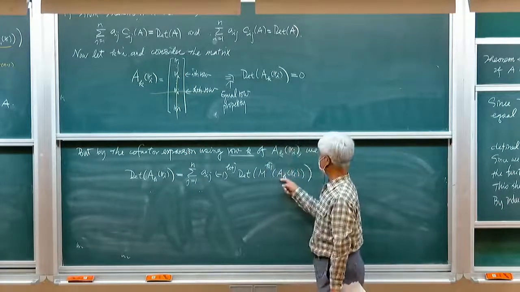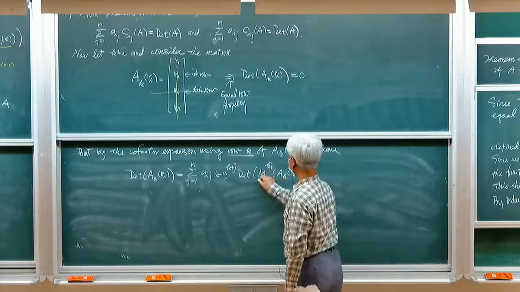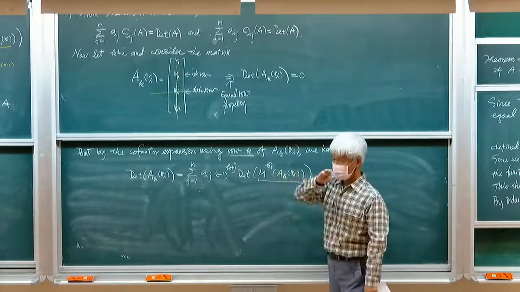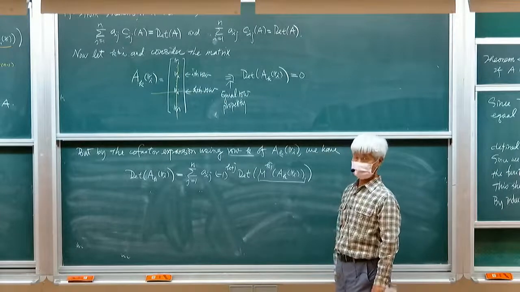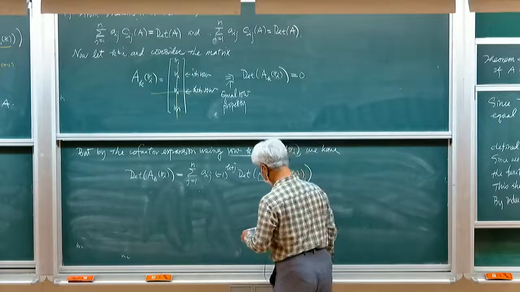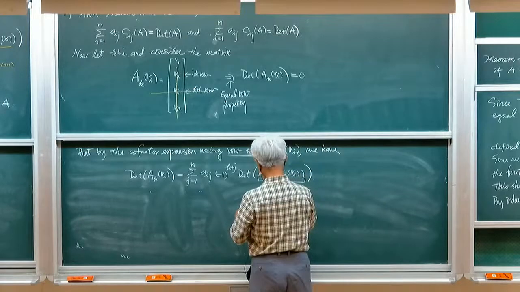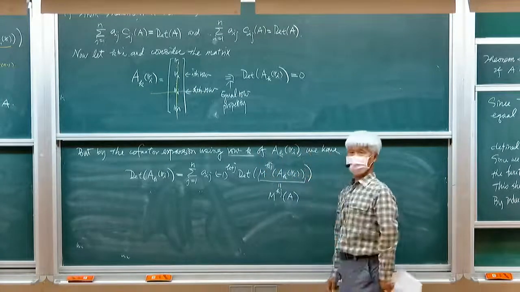And the kj minor, because you remove the kth row, you will see that this is equal to M_kj of A only.